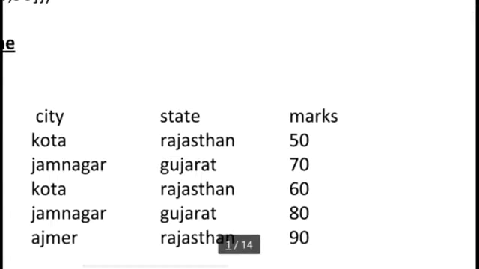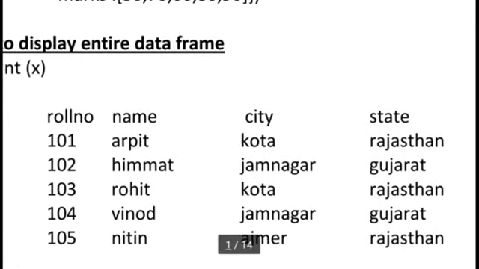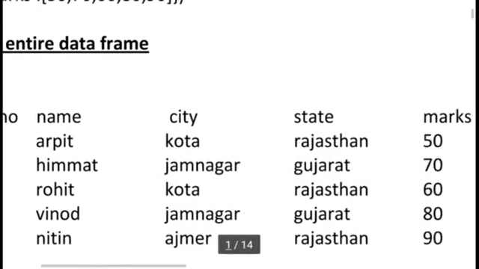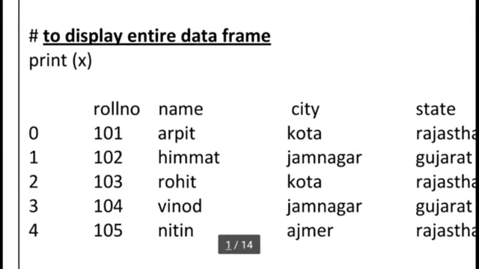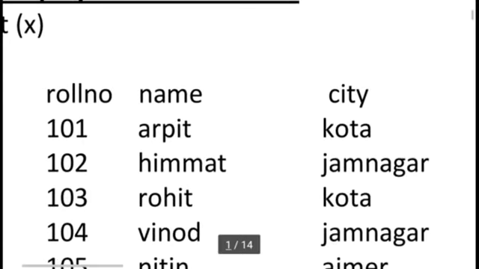So inside memory, roll number is 0, name is 1, city is 2, state is 3, and marks is 4. And the row index you already know: 0th row, first row, second row, third row, and fourth row. But for the column name, behind it the column index exists. So when we use iloc, we always use the row index, column index value.